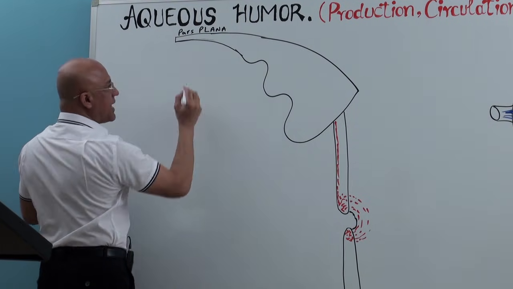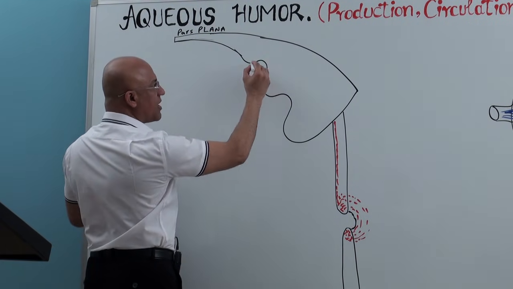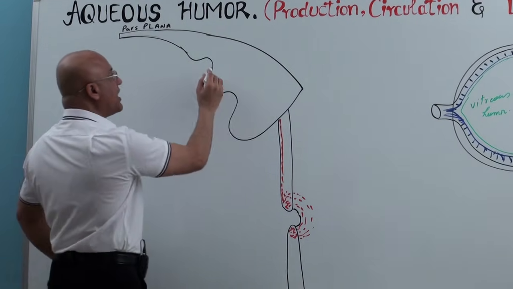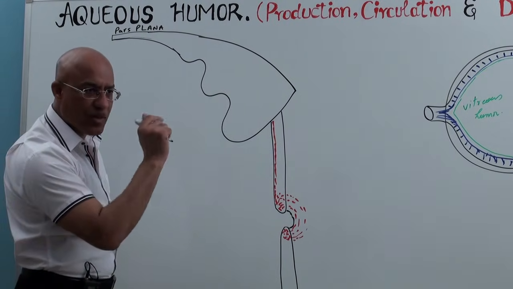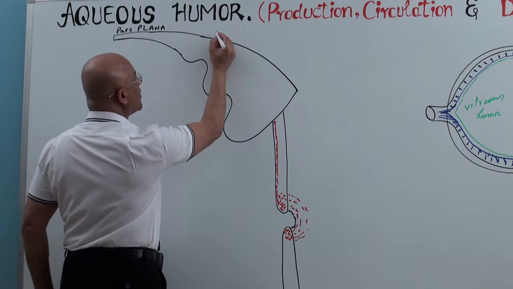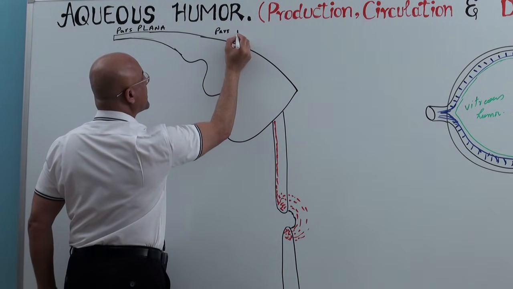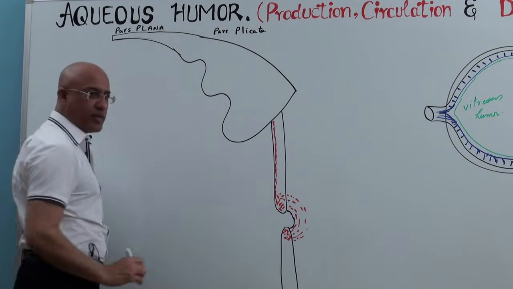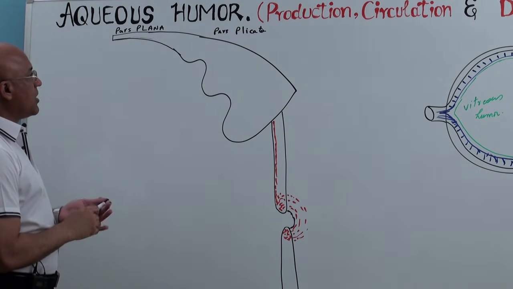Right? And this part of the ciliary body has folds inside, and due to these folds, it looks corrugated, right? That is why this part of the ciliary body is called pars plicata. Plicata. Is that right?